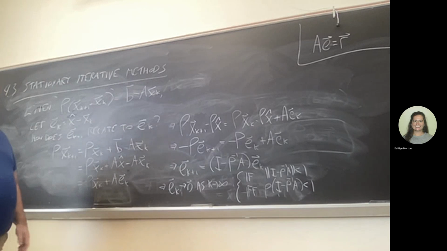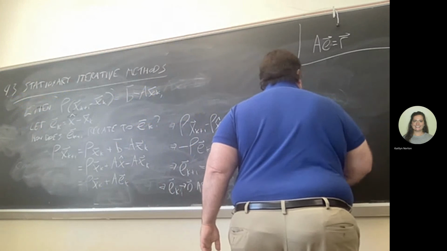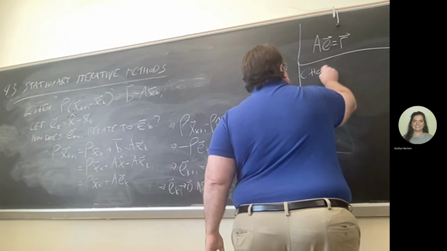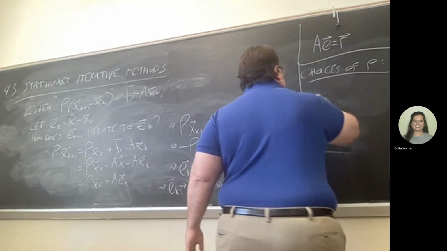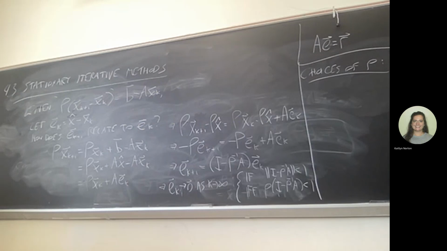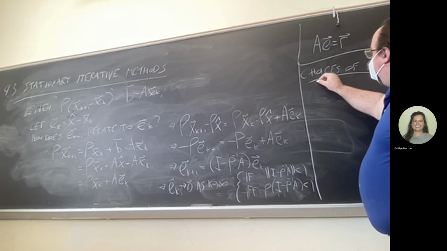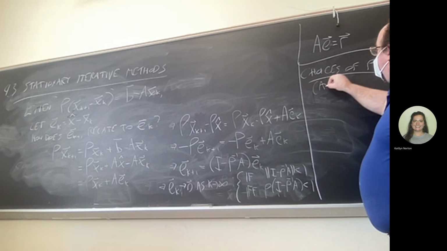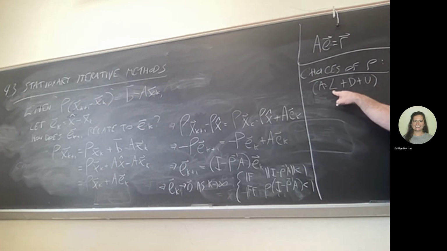Here are some specific well-established choices of P. This assumes a breakdown I gave before. A is equal to L plus D plus U: lower triangle plus diagonal plus upper triangle.